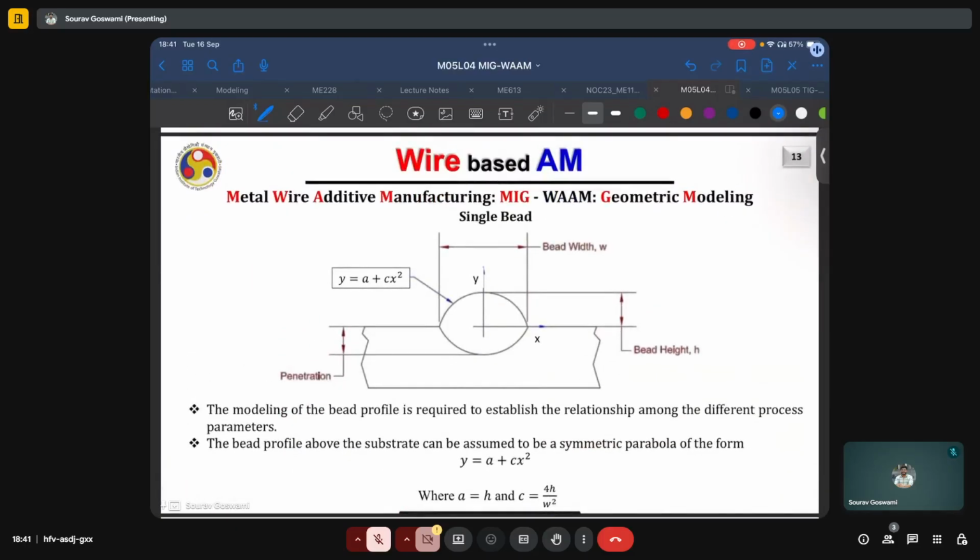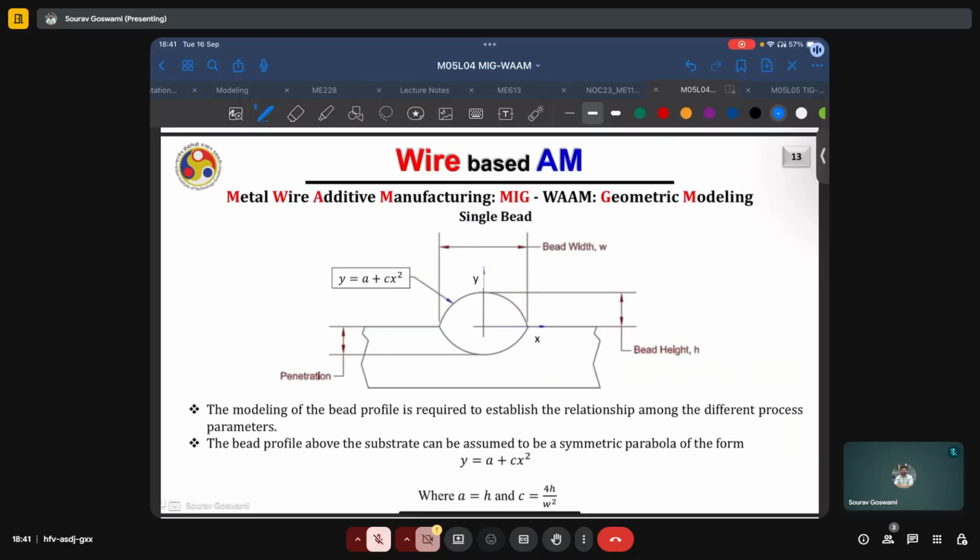Now, some simple models have been presented during the course of this lecture, mostly modeling the geometry of a single bead. And here we start with the assumption that the portion of the bead above the substrate takes a parabolic shape, which is represented by this equation: y equals a plus cx square.